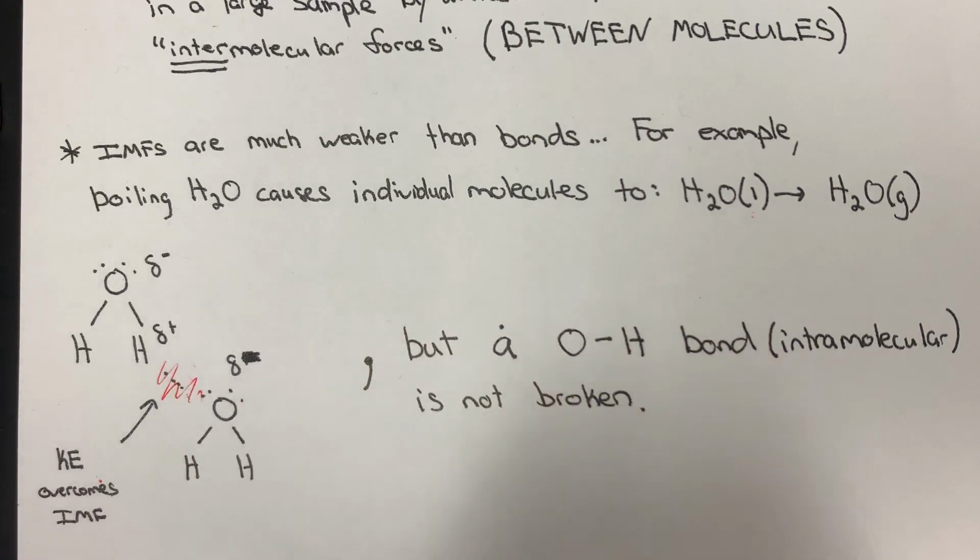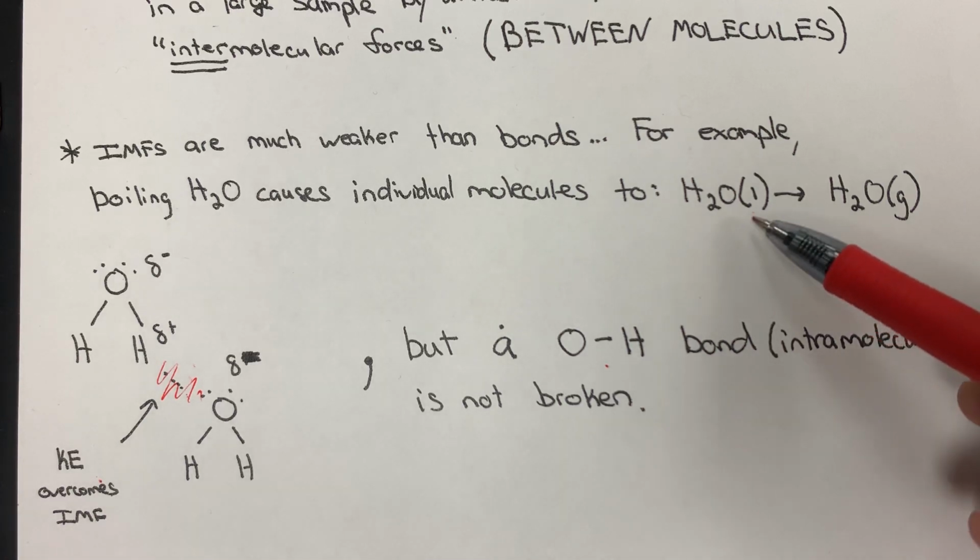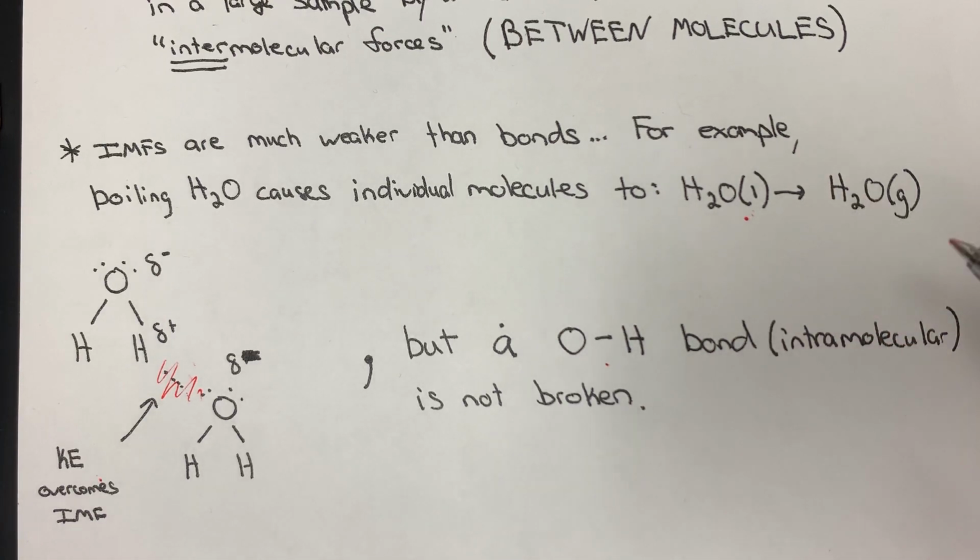This can be overcome with sufficient kinetic energy. That being said, what does not happen is this intramolecular bond. We don't actually break an oxygen-hydrogen bond within a single molecule, okay? We just have the ability to separate the molecules out. And in doing so, because we increase the spatial arrangement, we can transition from the liquid to the gaseous state, okay?